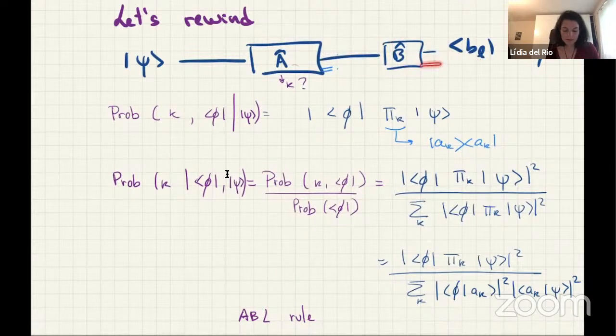So now, what is the probability that I got outcome K here and outcome L there? Think of it like your classical probabilities: I do two experiments, what's the probability that I get these two results?